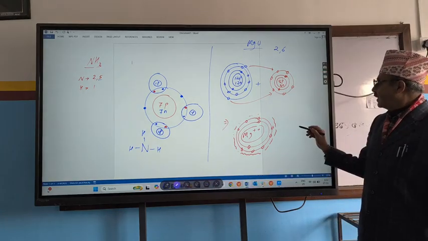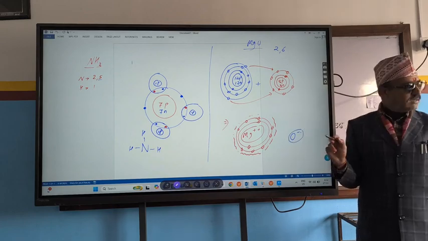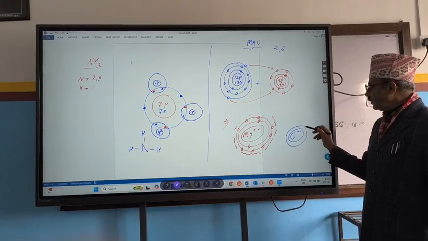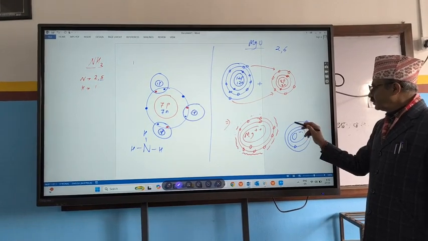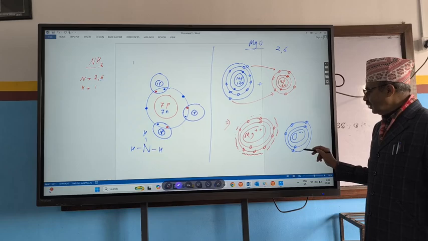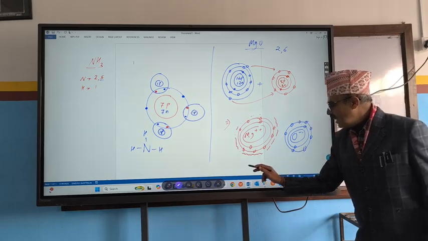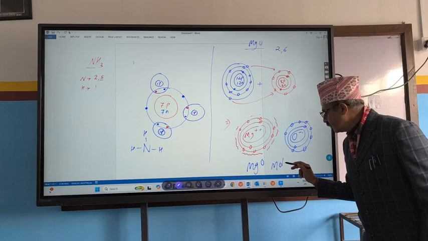O minus minus. Why O minus minus? Because electrons are more. Then first orbit, how many are there? 1, 2. Second orbit? 1, 2, 3, 4, 5, 6, 7, 8. Now, this is the MgO molecule.